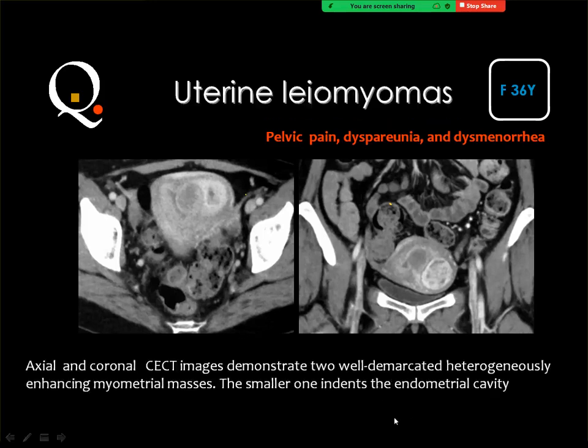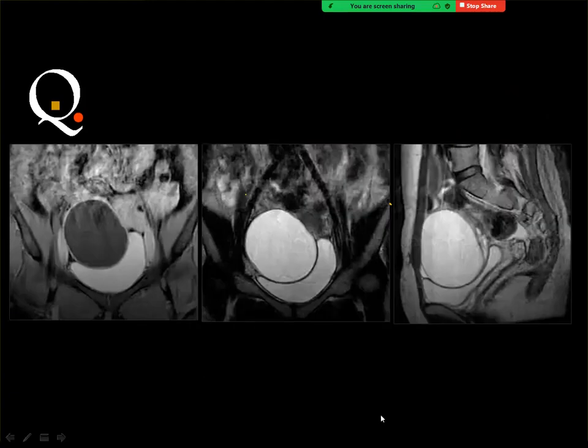of the myometrium. And the next case is an MRI of the pelvis, coronal T2, coronal T1, coronal T2, and sagittal T2.